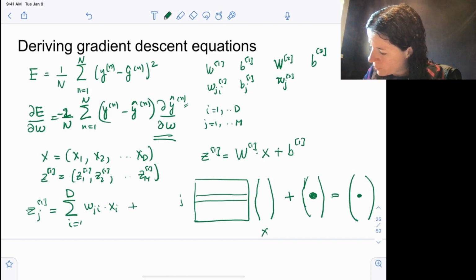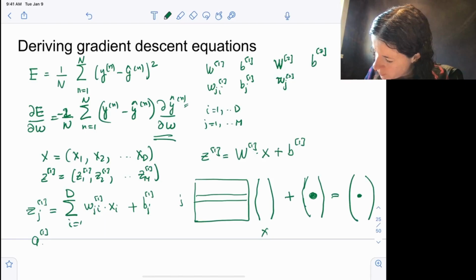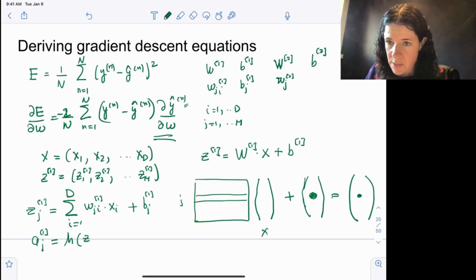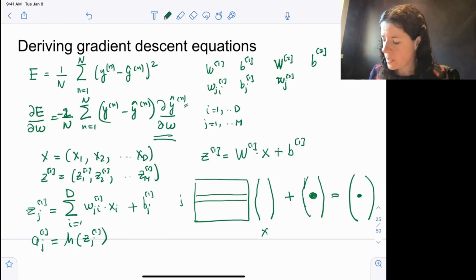And then we have a bias, which is b_j, so this has a 1 here and a 1 here, and that's our equation here, okay? Then we're going to have a_j^1, and this is simply h of z_j^1, where h is just a nonlinear activation function, okay?